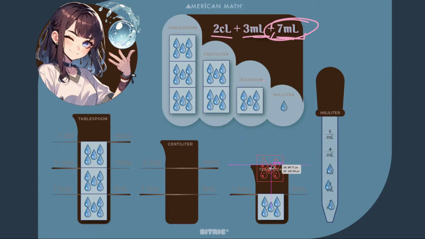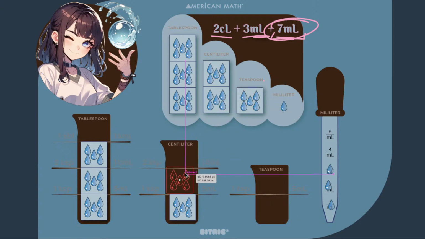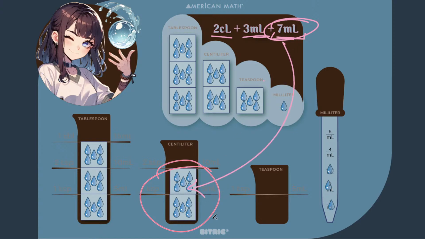Very good. So we'll drag out a teaspoon into the play space, but oh no, it's overfilling the teaspoon's beaker, so we'll put that inside of centiliters, and then we can carry in a new teaspoon into the centiliters. And that's how we would add those 5 milliliters, or that teaspoon first.